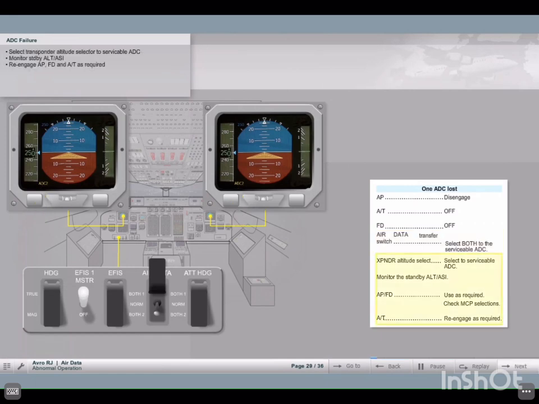Now we select the transponder altitude selector to the serviceable ADC. Monitor standby instruments as sole redundancy, as no air data comparator caution will be given. Then re-engage the autopilot, flight director, and autothrottle as required. This completes the A&E checklist, loss of ADC.